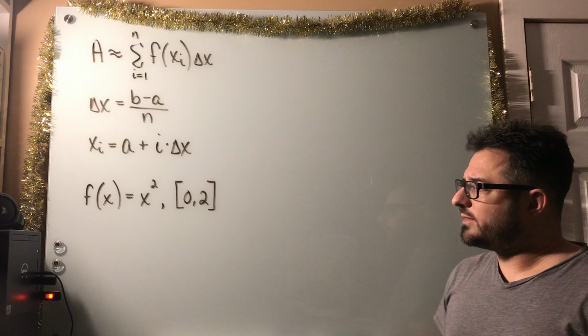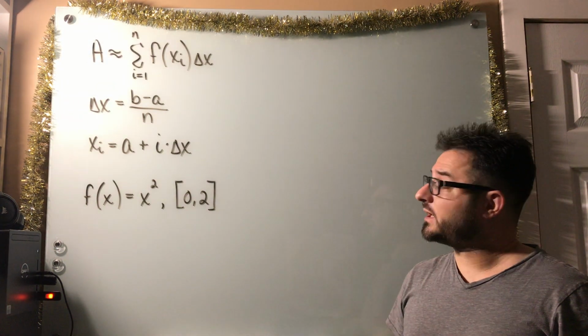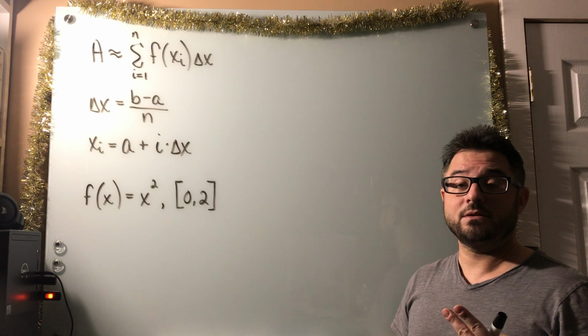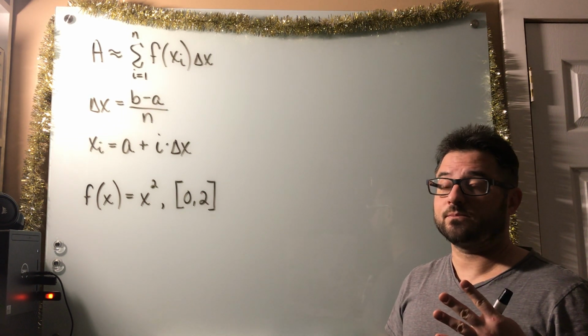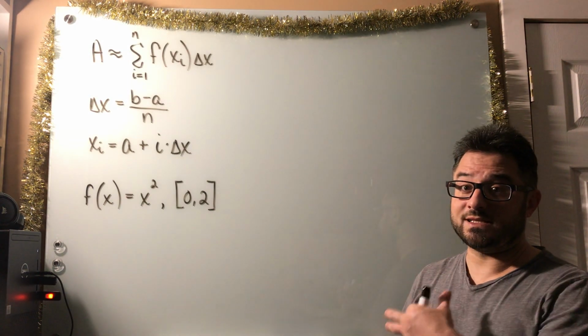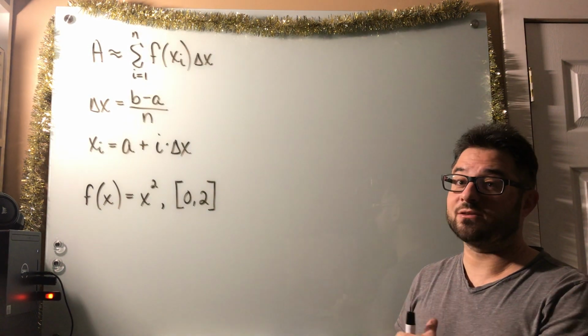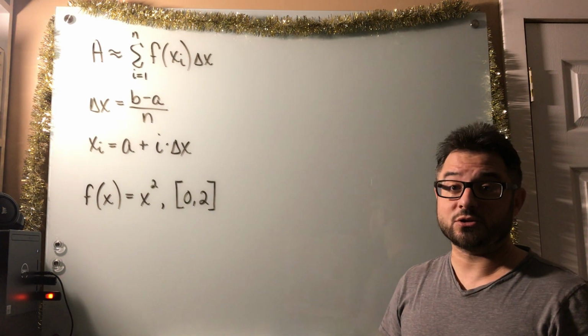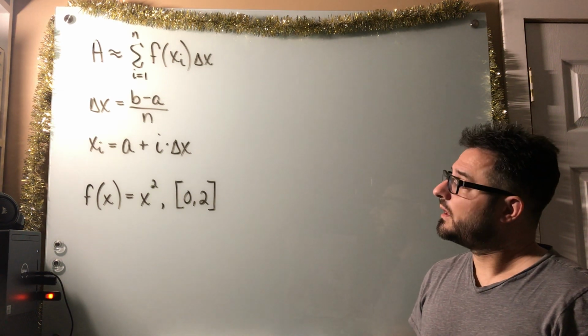We already went through the manual calculations of approximating the area using a single rectangle, 2 rectangles, and 4 rectangles. The idea is that this is going to be considerably faster when we go to larger and larger and larger numbers of rectangles.